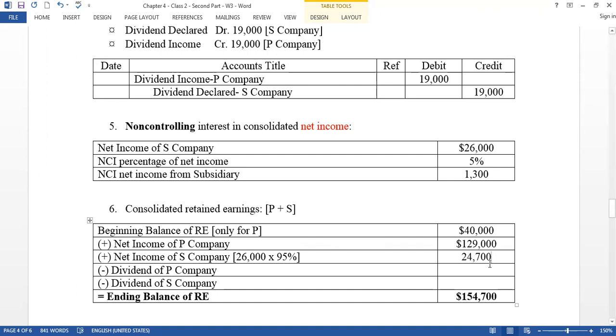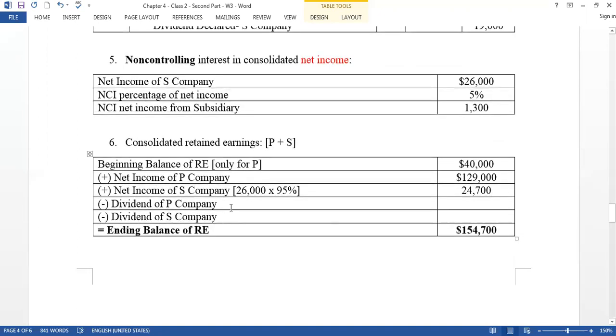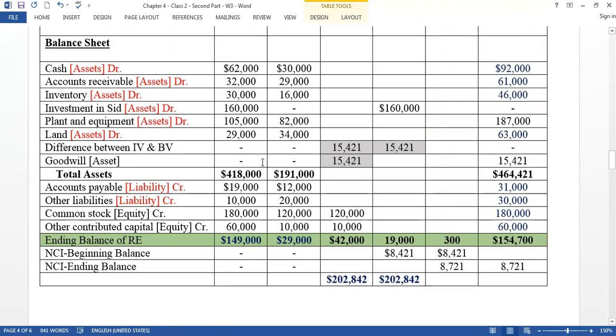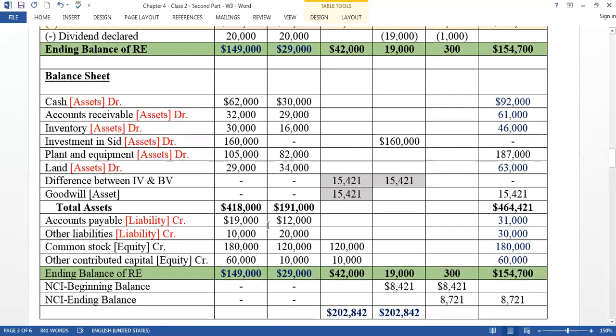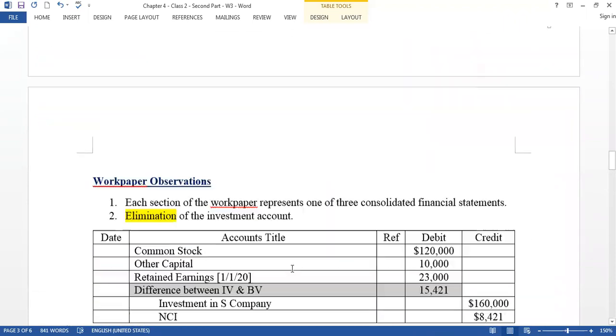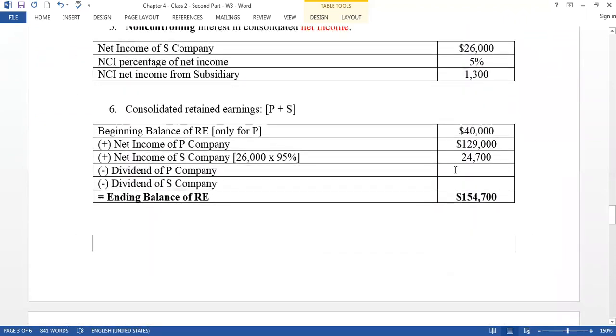Clear? Now, how much dividend did the parent company declare? According to this question, both declared $20,000. Yes, both companies declared $20,000 dividend, right? So the parent company's dividend is minus $20,000. And if we write $20,000 for the subsidiary company's dividend, it is our mistake, right? Why is this amount a mistake?